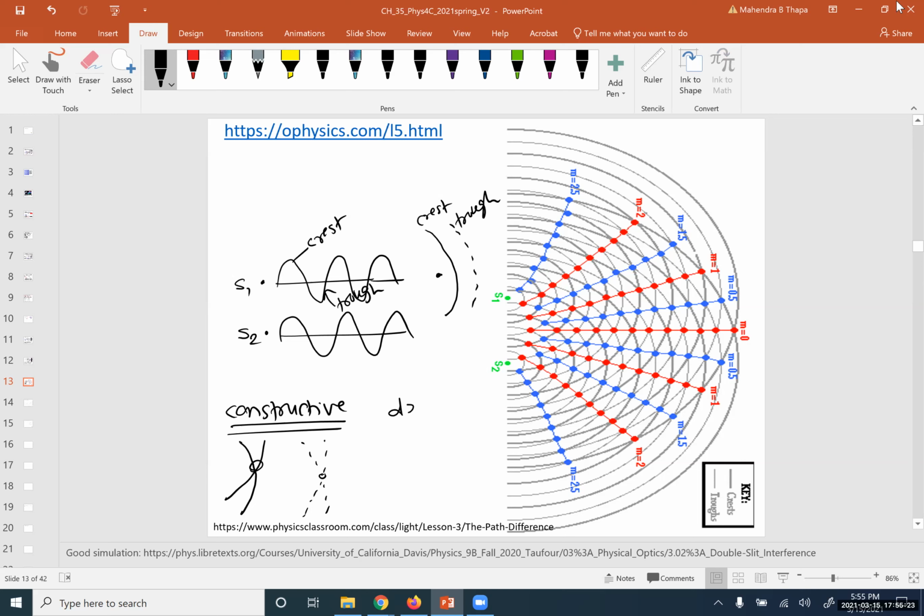For destructive interference, trough and crest will intersect, so this will be the region of the dark spot. In this picture, throughout the whole region, either the crest or trough will intersect. This is the position of the central bright.